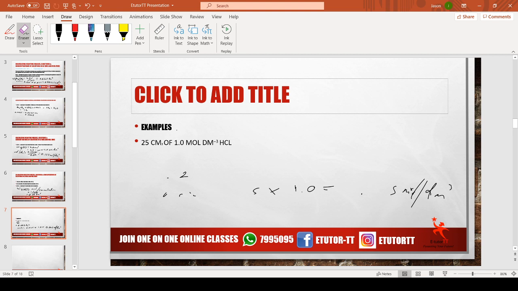Let's do our next example. Let's do a more complex question. Let's calculate the mass of material in the given volume of solution.